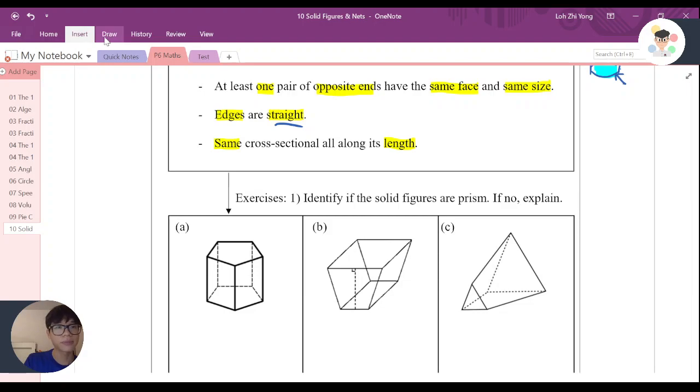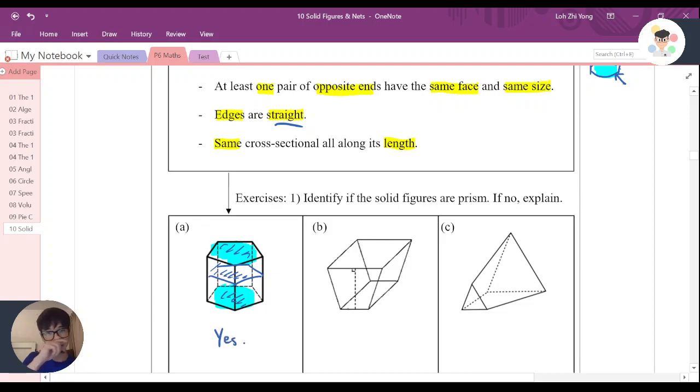If you look carefully, this side and this side are the same, opposite ends, right? All edges are straight, and the same cross-section all along, isn't it? This basically means that if I cut here, it will still be the same as the one on top and the one at the bottom. Okay, so this is yes.